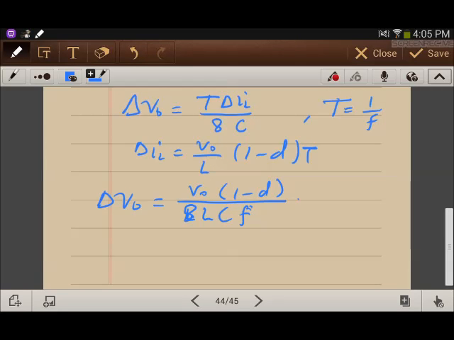And we already have another T here, so we have a T here and a T here, and when we multiply them it becomes square, so it's F square. So delta V out over V out is equal to (1 minus D) divided by 8LCF square.